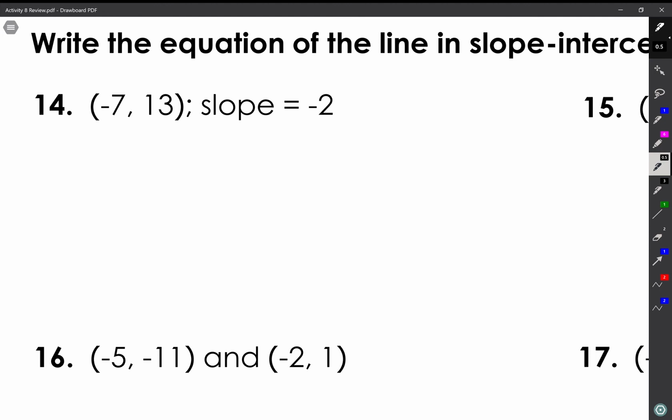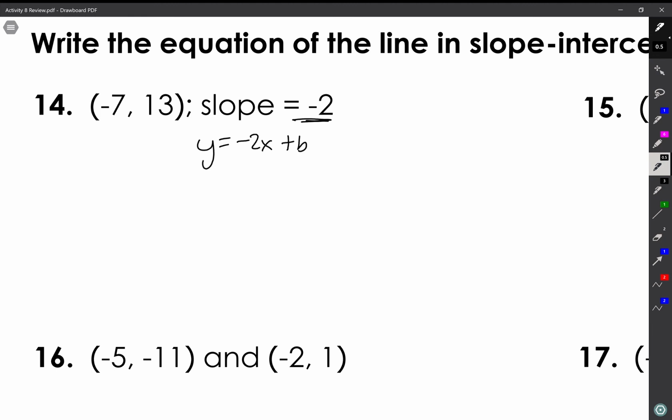So I'm going to write what I know so far. I have y equals, I know my m because that's -2, so I can just say y is equal to -2x plus b. My goal is to find b, and once I solve for b, I'll be able to plug that into this equation, and we'll have our finished equation of our line in slope-intercept form.